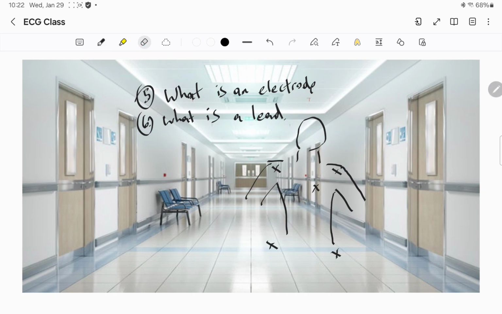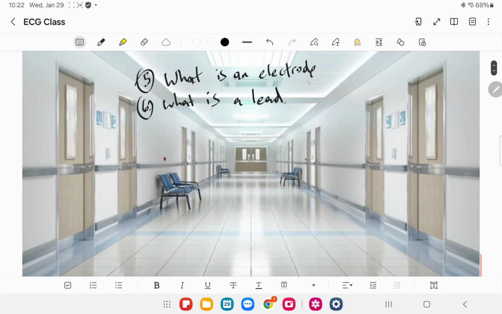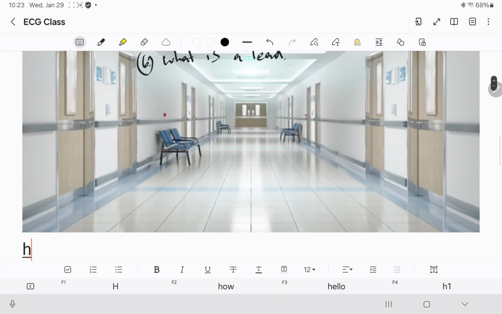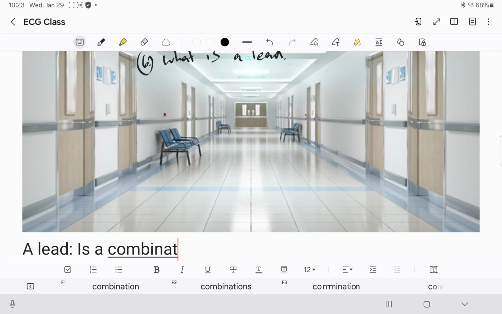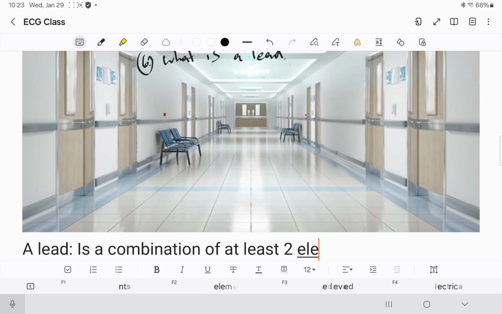Now, this is different from, and frequently confused with, the concept of a lead. Simply put, let me type this one out. A lead is a combination of at least 2 electrodes.